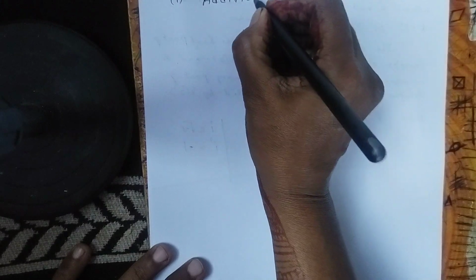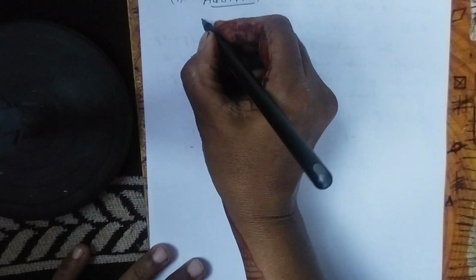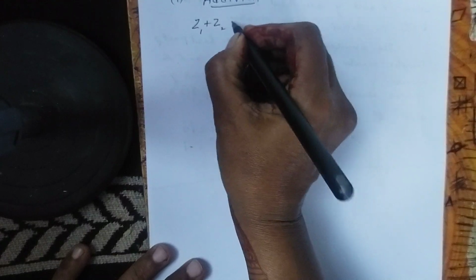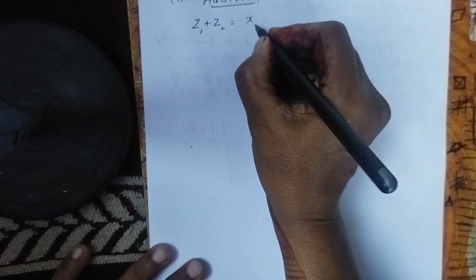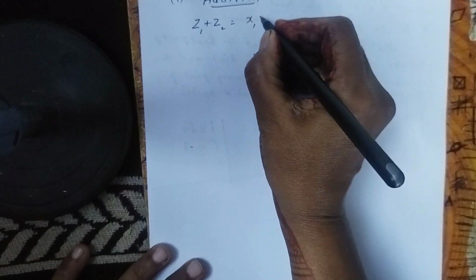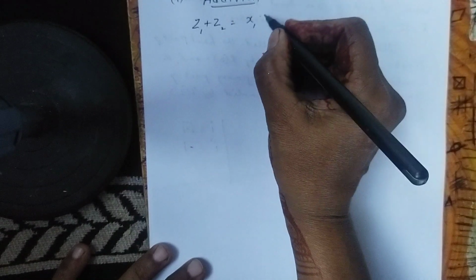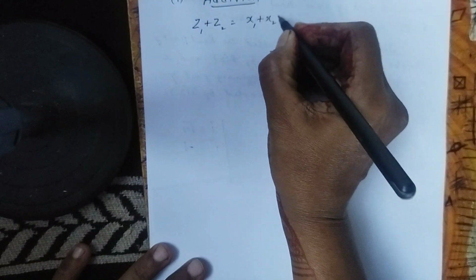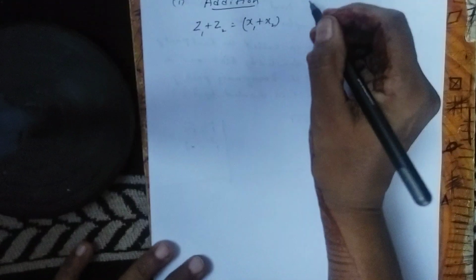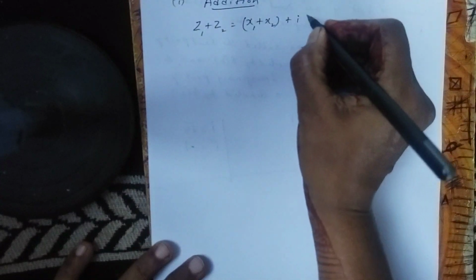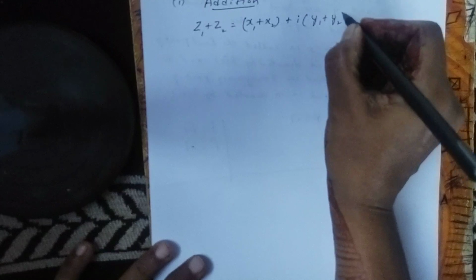How do we add these complex numbers? z1 + z2 = (x1 + x2) + i(y1 + y2). Just add the real parts, take the i outside, and add the imaginary parts. This is the step to add.